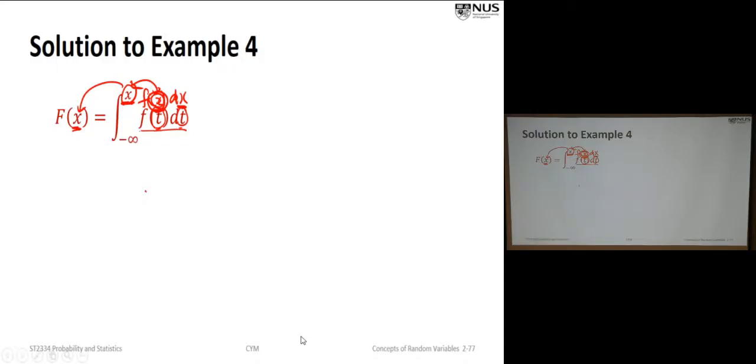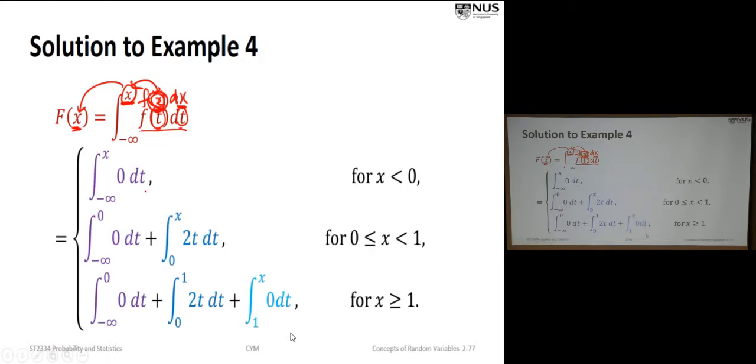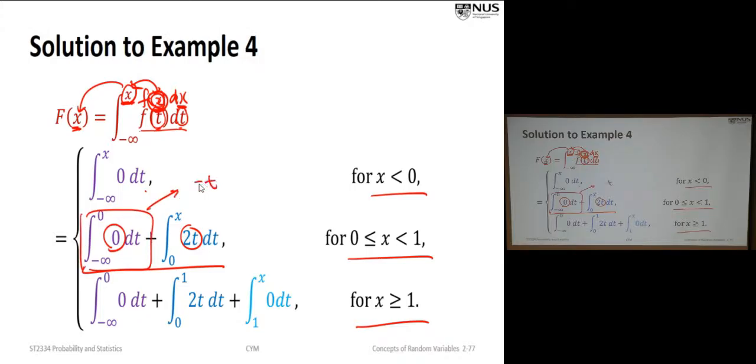All right. So we start the integration. I have to separate it into 3 regions: less than 0, between 0 and 1, and bigger than 1. So this is how we do the integration. Why do I have to do it in parts? Because f of t takes a different form over each region. This part refers to t between minus infinity and 0.